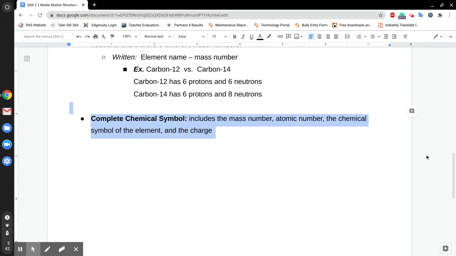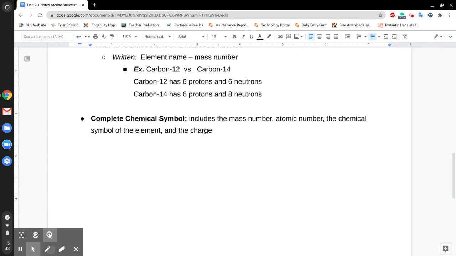Now, the complete chemical symbol. We should now have all the bits and pieces that we need to make a complete chemical symbol. A complete chemical symbol includes the mass number, the atomic number, the chemical symbol of an element, and its charge. I have walked through each of them.